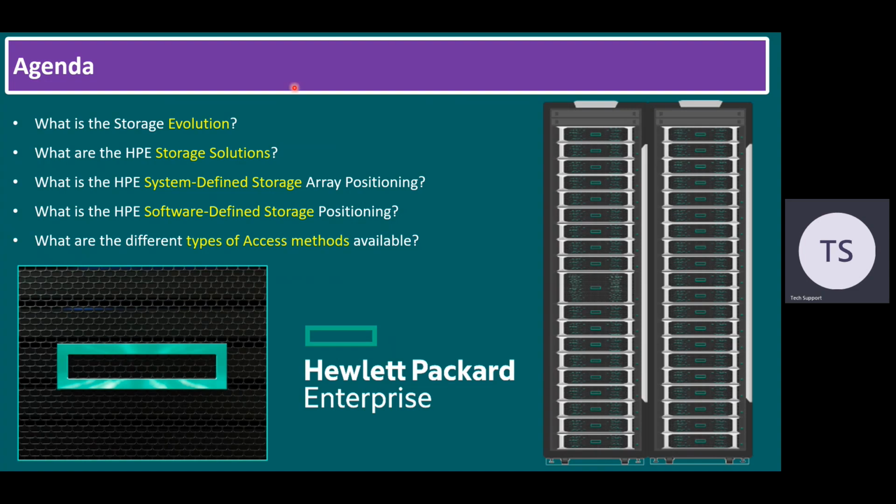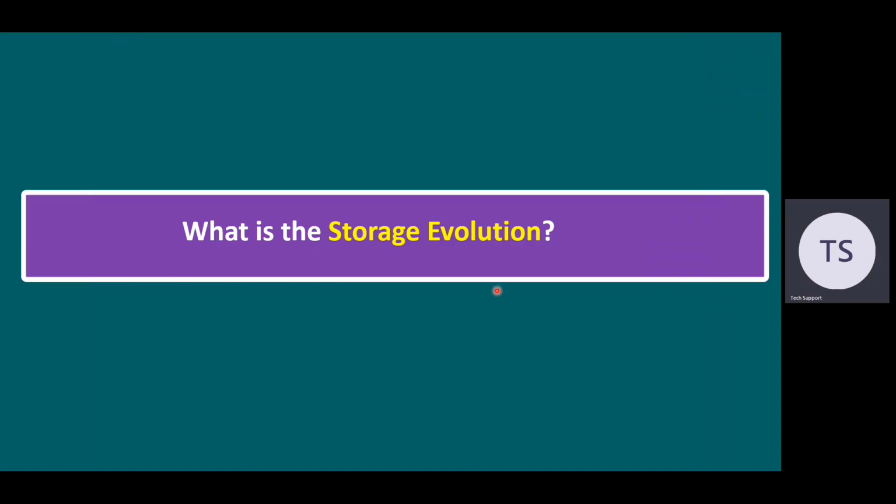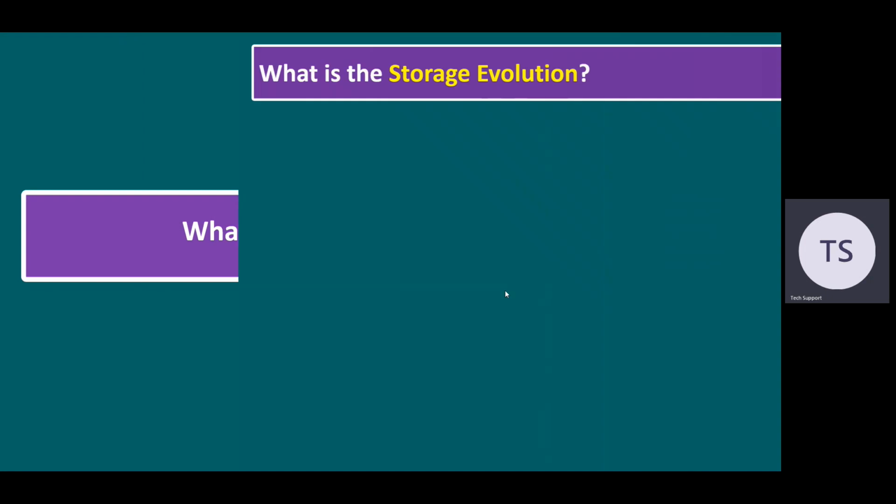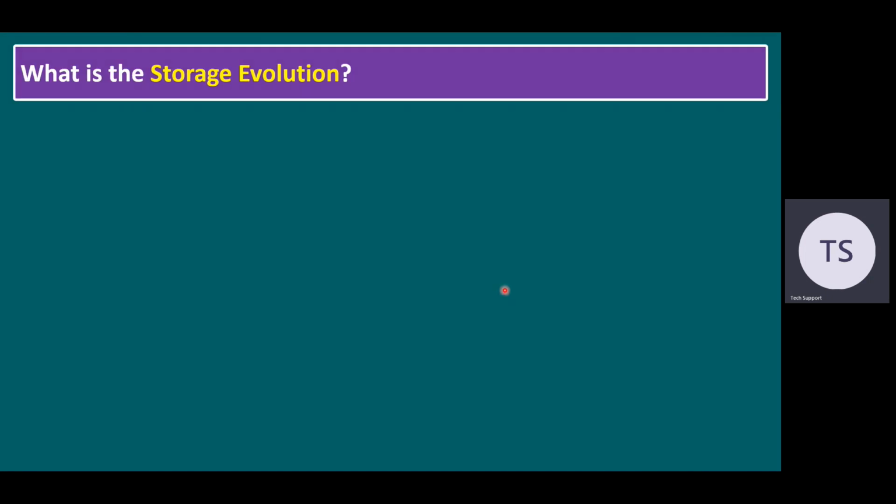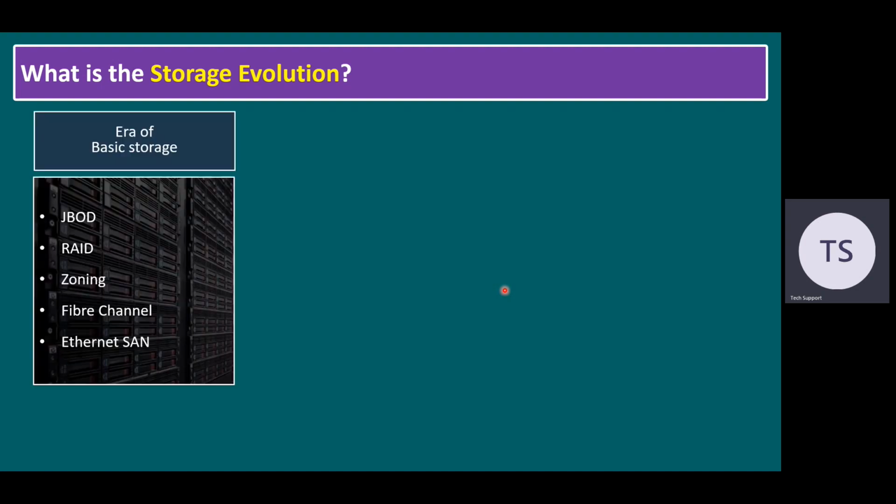Okay, let's quickly start with the first point. What is the storage evolution? In storage evolution, if you observe 10 years ago, most organizations were using traditional storage only. Traditional storage is nothing but the era of basic storage. Normally it consists of JBOD, just a bunch of disks, and all our server hard drives are configured with RAID, a redundant array of inexpensive disks, with RAID 0, RAID 1, RAID 5, and so on.